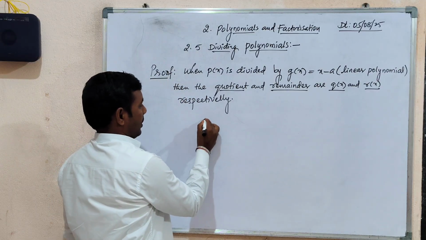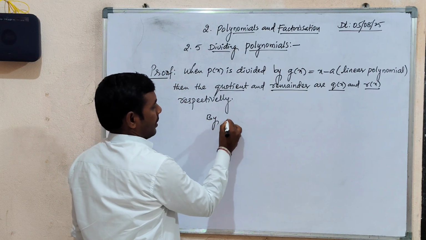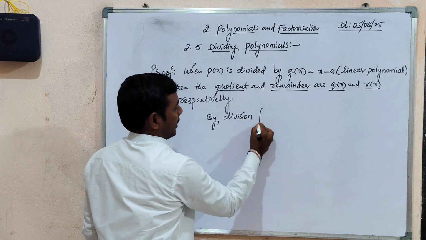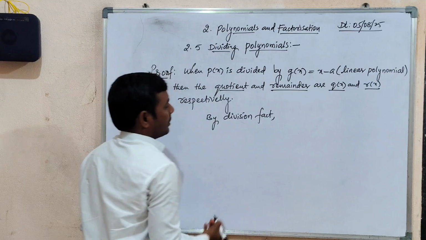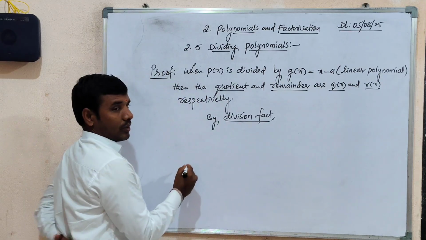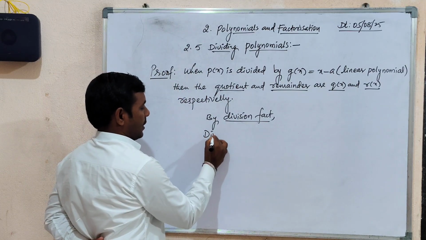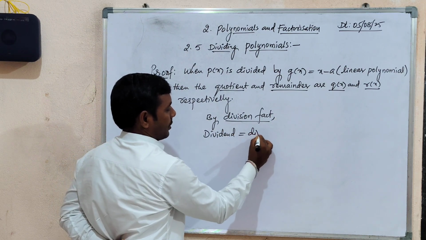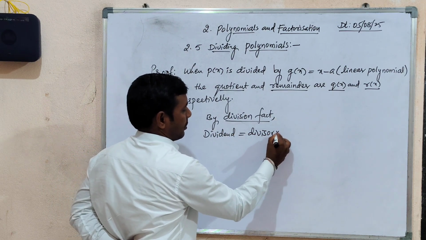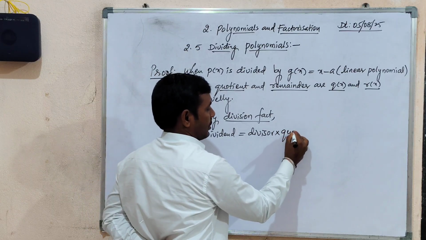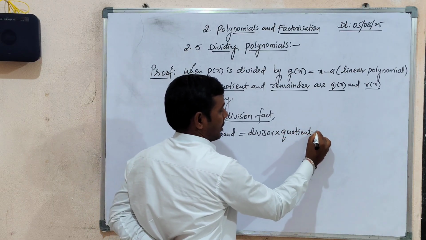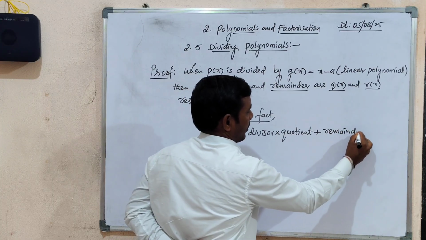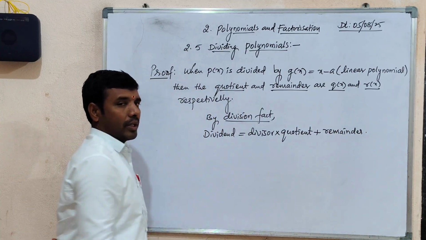So by the division fact, dividend is equal to divisor into quotient plus remainder. This is called the division fact.